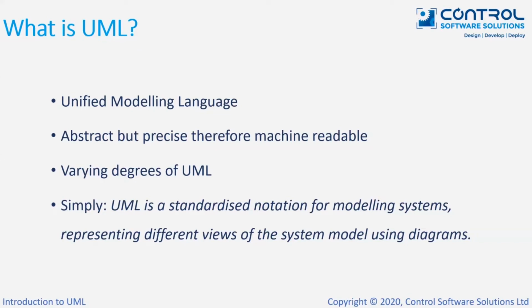My simple way of describing UML is that it's a standardized notation for modeling systems, representing different views of the systems using diagrams. So we don't try and show everything to someone all in one go. We just model different views, different things that we're trying to communicate, and all of those diagrams together create the model. That could be very lightweight, or it could be quite detailed, depending on the requirements of the project.